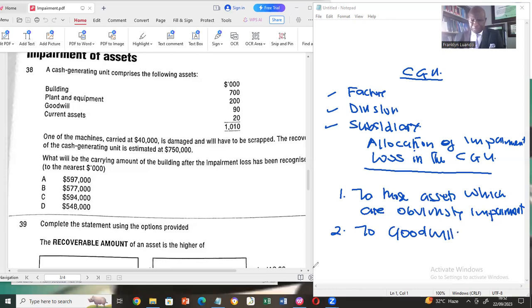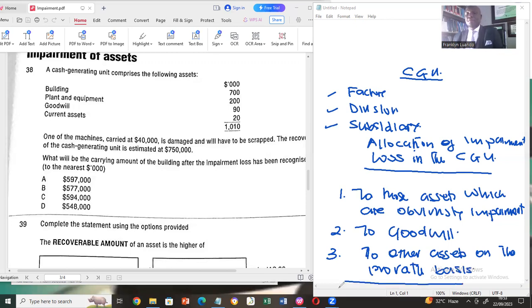Third, allocation to other assets on a pro rata basis. And that is the allocation.